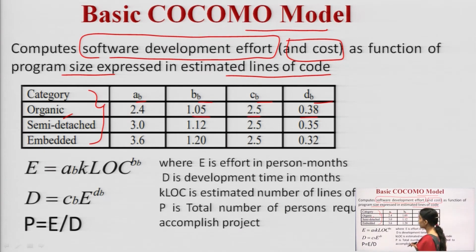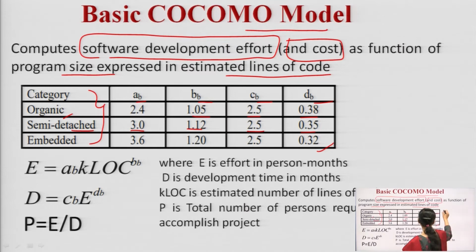For the semi-detached mode, when my program is intermediate, not too small and not too lengthy, the values of the coefficients are 3.0, 1.12, 2.5 and 0.35. Then for the embedded mode, when my program size is too large, the values are 3.6, 1.2, 2.5 and 0.32. These parameters are already calculated.